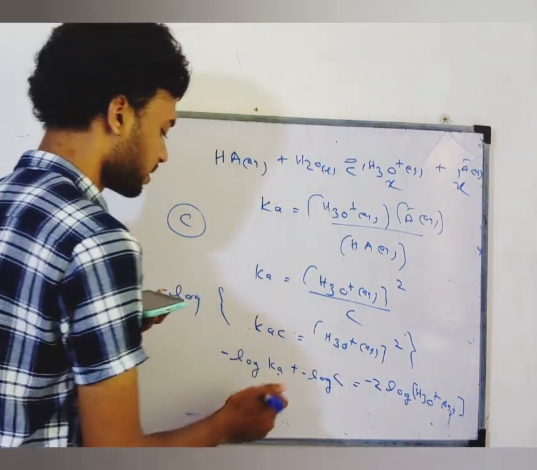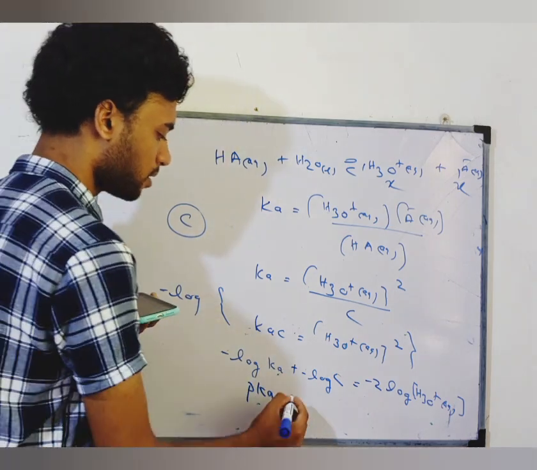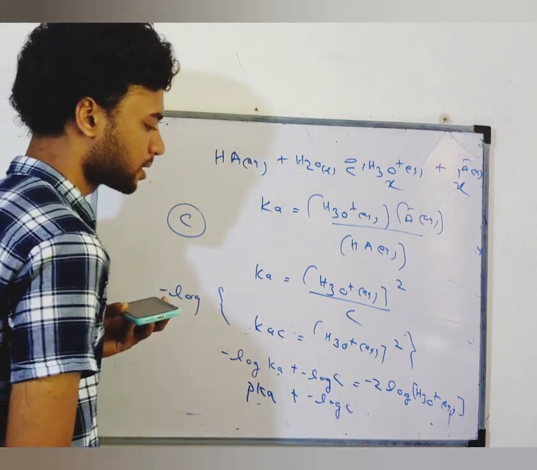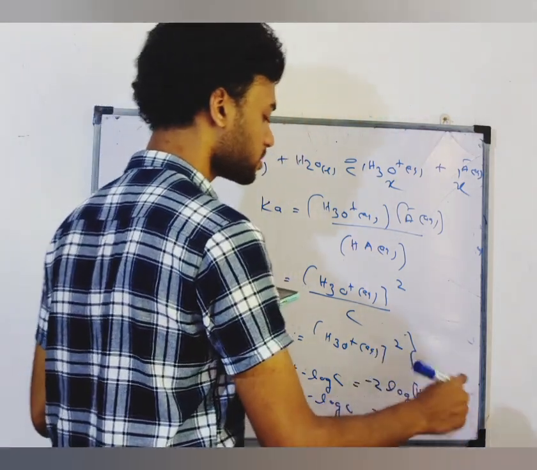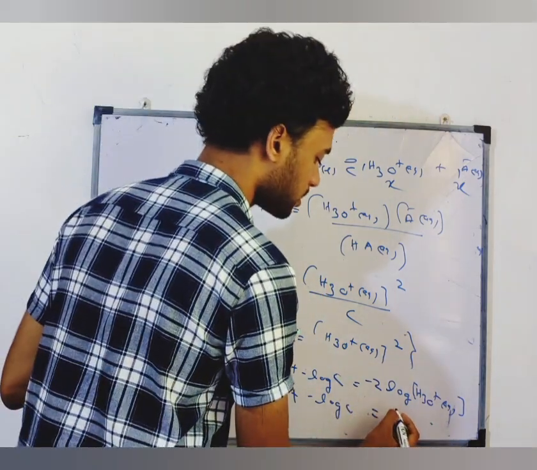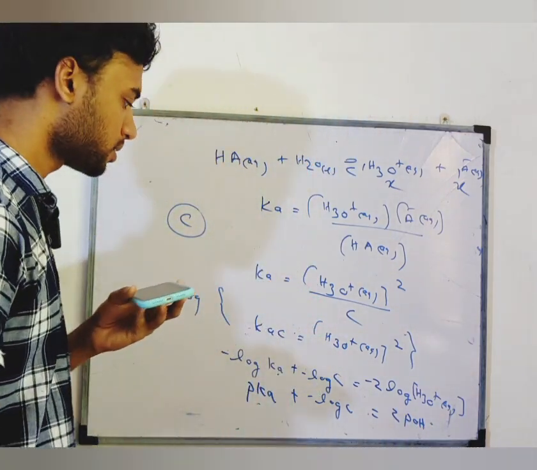Now what is minus log Ka? pKa, right, plus minus log C is equal to, what is minus 2 log H3O+ aqueous? That's 2 pH.